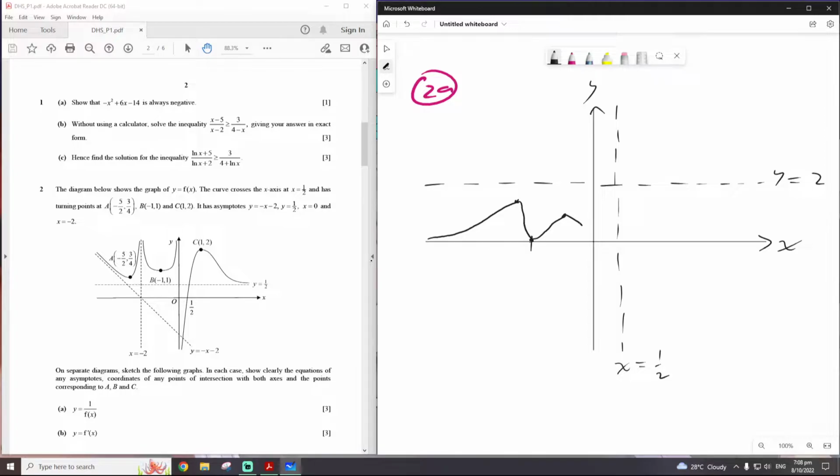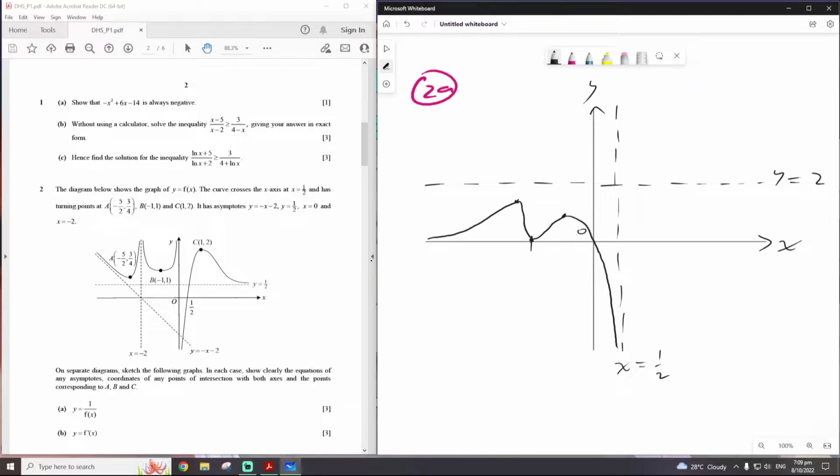It will come back down through here. It will pass through origin and it will approach this asymptote. How to draw? From here, continue on. Alright, something like that.